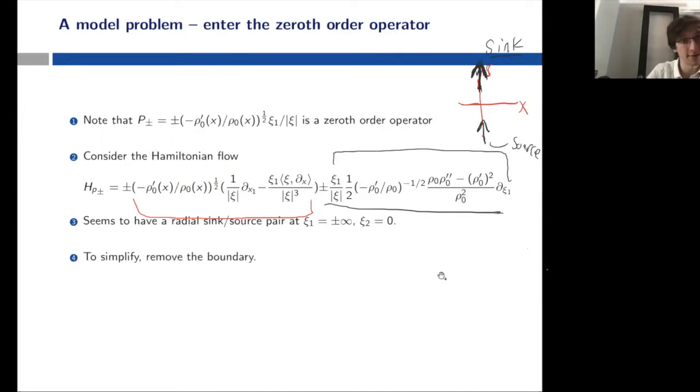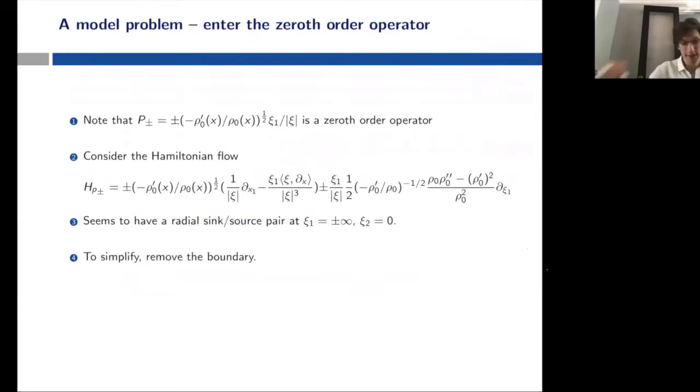It has a boundary. And so we're going to remove the boundary. I mean, many of us have done work on boundaries and nobody really likes it. It's complicated and often distracting.